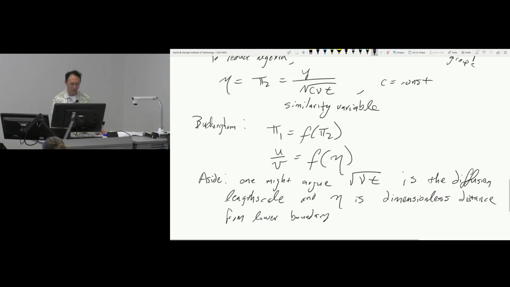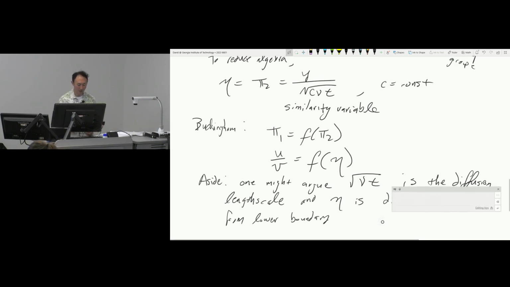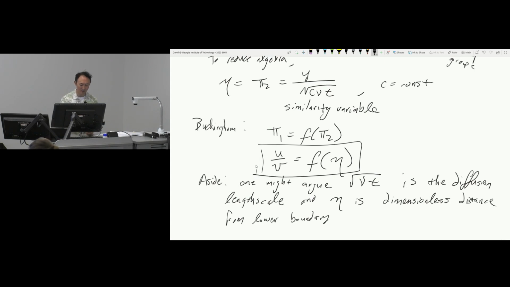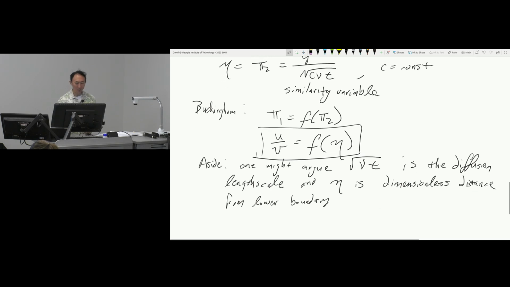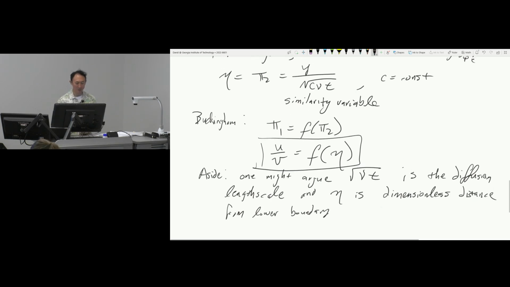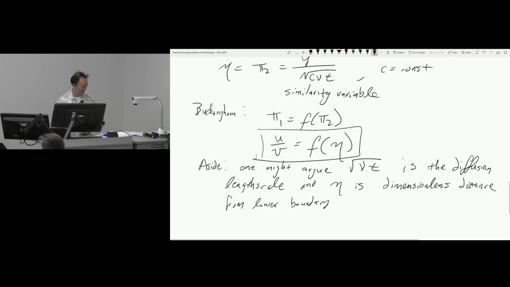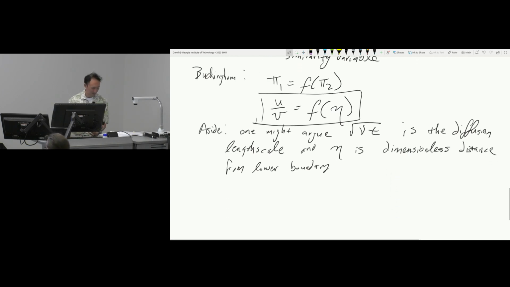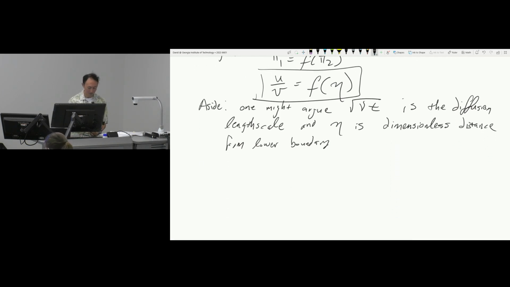All right, now the part that we have to do together is, in similarity solutions, they're assuming this. This comes out of a separate fact from Buckingham's theorem. We need to re-express the whole equation in terms of eta, which is a new variable. So right now that PDE is expressed in t and y. So the big picture is this.